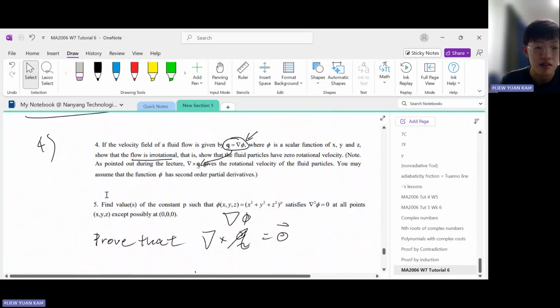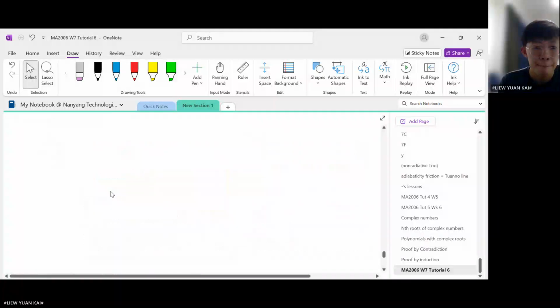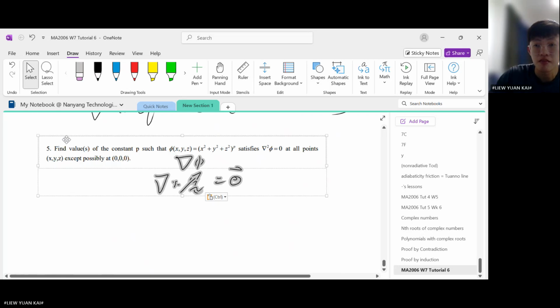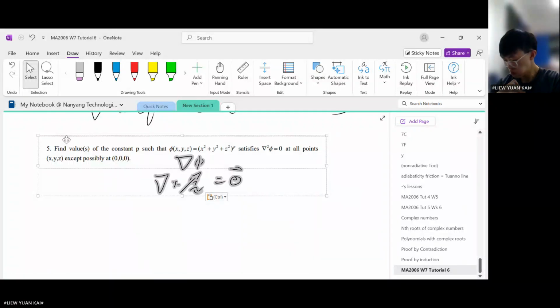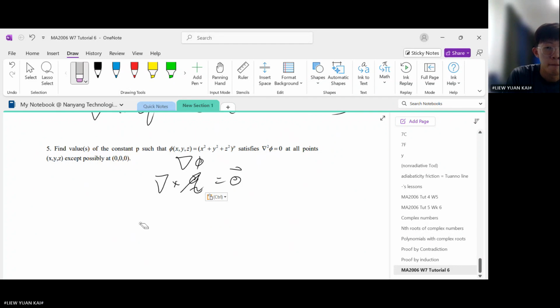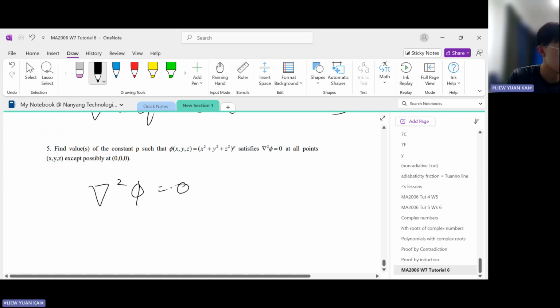Okay, finally, let's look at equation 5. So nabla squared phi is equal to 0.